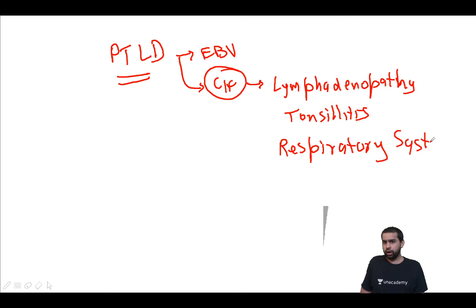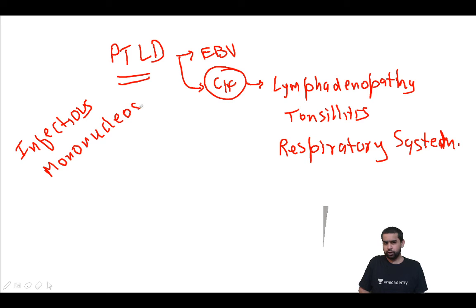Right. Now, does it sound similar to something? It sounds similar to infectious mononucleosis, right? Infectious mononucleosis also presents with a similar kind of picture: generalized lymphadenopathy, tonsillitis, respiratory system involvement. So please understand, these are differential diagnoses.